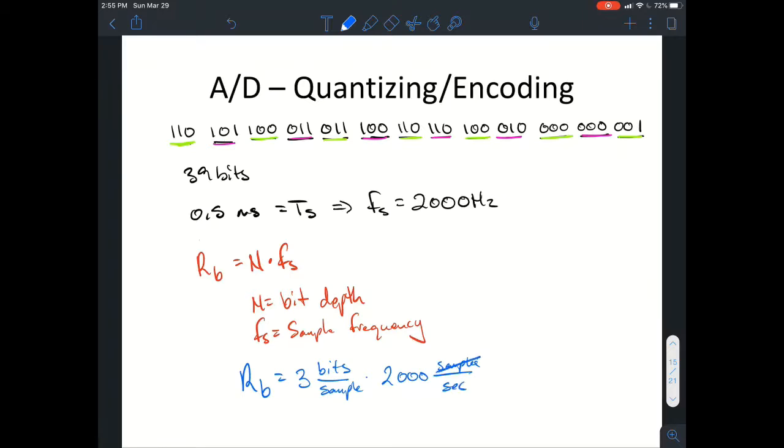So our samples here are going to cancel, and we're going to be left with 6,000 bits per second. And we've seen this before, abbreviated as 6,000 BPS, or we could also write it as 6K BPS, because kilo just means 1,000. So we're going to take this and go over to a practice problem.